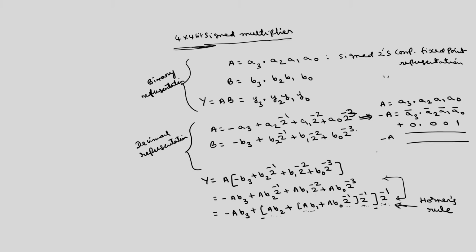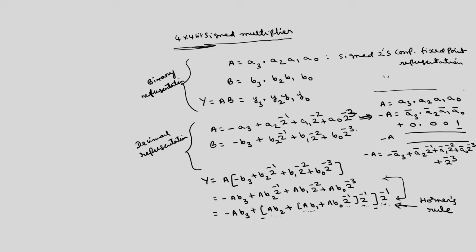If we want it in decimal form, this is the binary representation. In decimal form, minus A is minus A3 bar plus A2 bar 2 raised to the power of minus 1 plus A1 bar 2 raised to the power of minus 2 plus A0 bar 2 raised to the power of minus 3, plus this extra term will come, plus 2 raised to the power of minus 3.